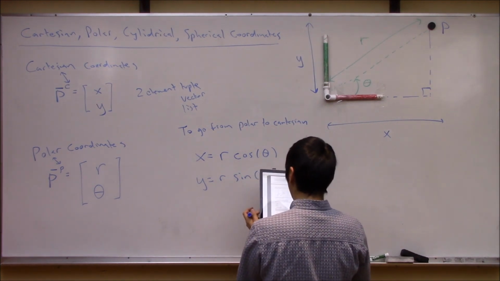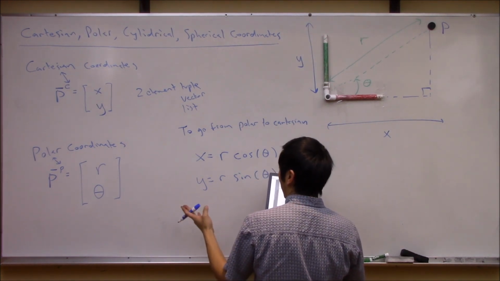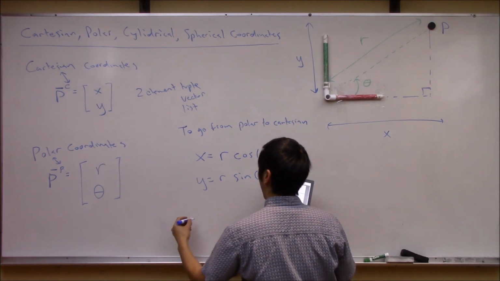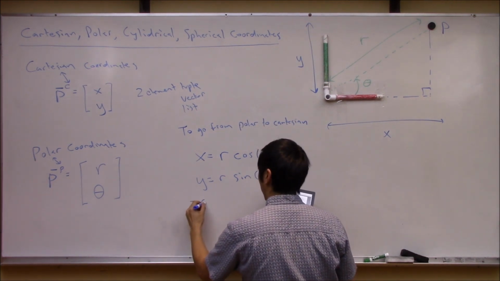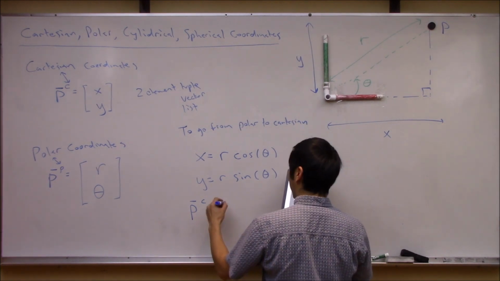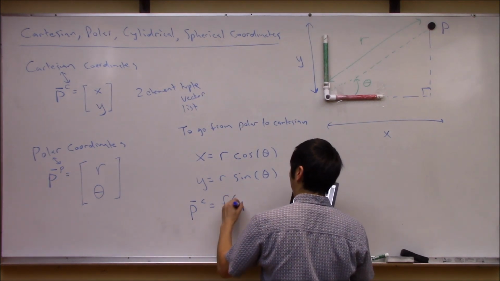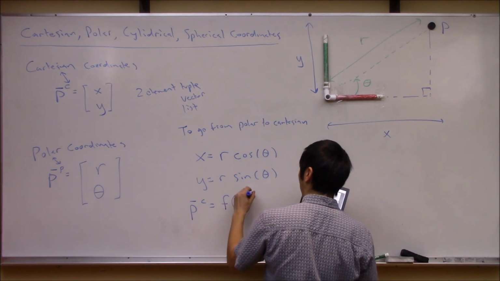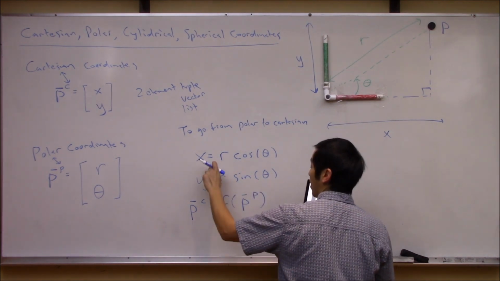right? So another way that we could write this is we could say that the point in the Cartesian coordinate frame is some function of the point expressed in the polar frame, and here's this function f.